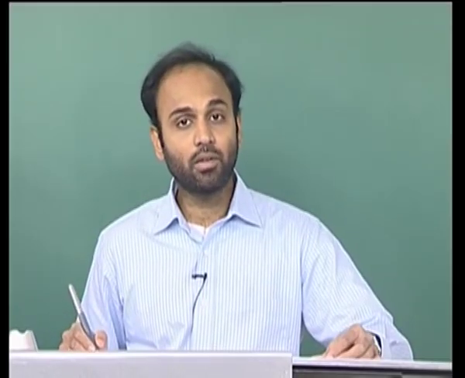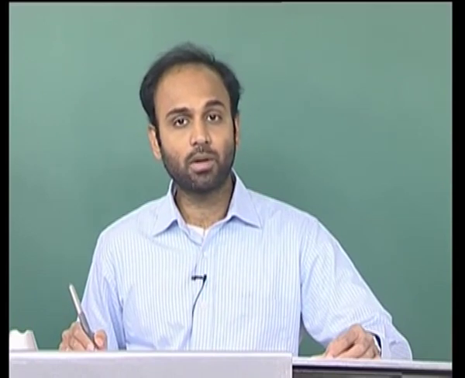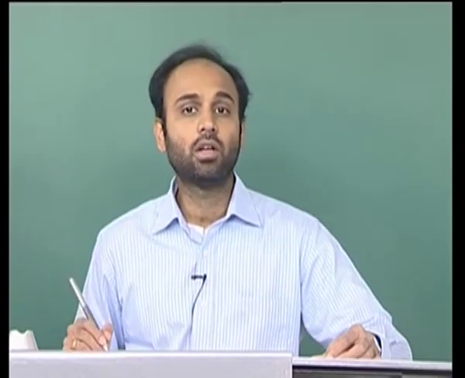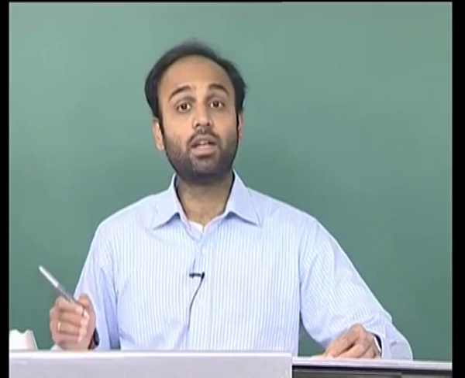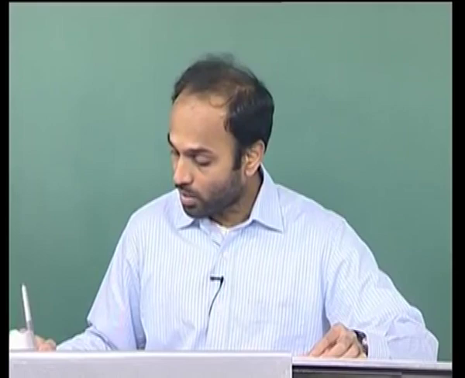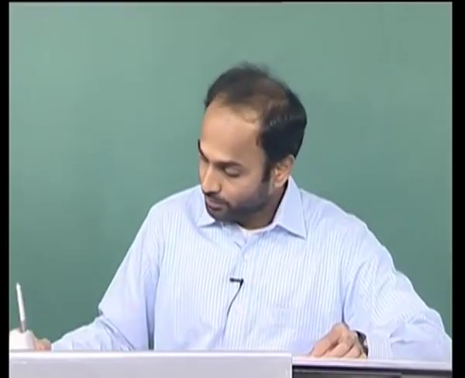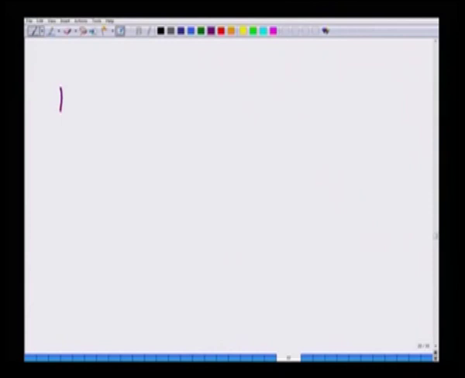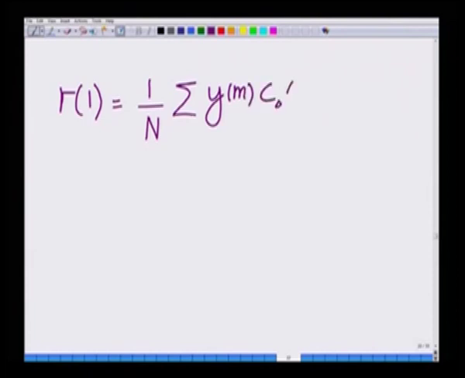All right, I have correlated with C0 of m, that is the chip sequence delayed by 0, and extracted the path corresponding to 0. Now, I can also correlate this with the chip sequence delayed by 1. So I can formulate R1 simply as: I take the signal Ym and correlate it with C0 of m minus 1.